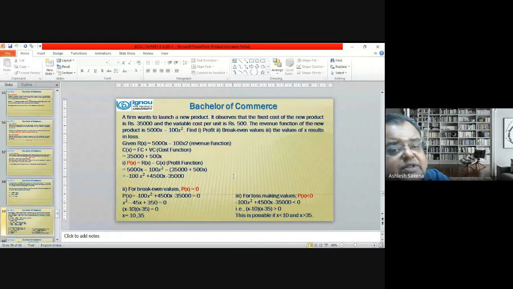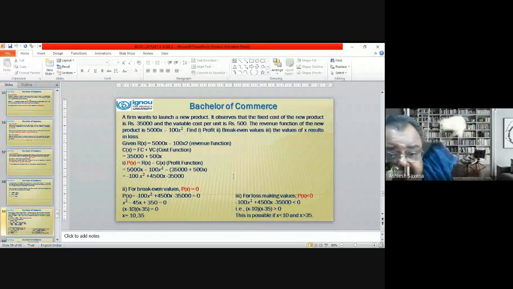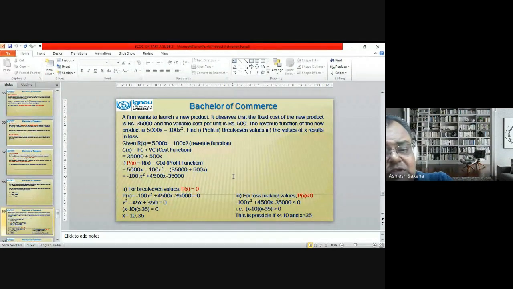This is the profit. Now, the break-even value. Break-even value is that value where the profit P(x) is equal to 0. So we equate minus 100x² plus 4,500x minus 35,000 equal to 0. Simplify it, remove all zeros, and you will be left with x² minus 45x plus 350. This is a quadratic equation.